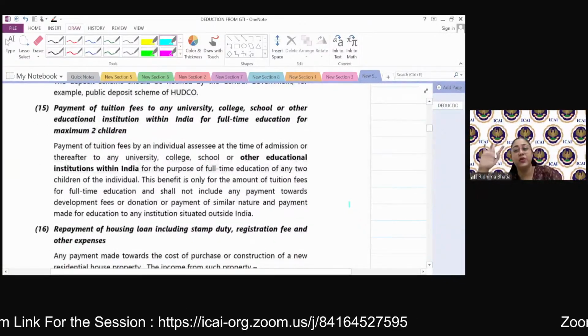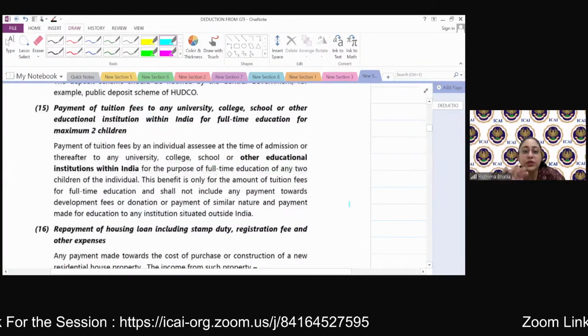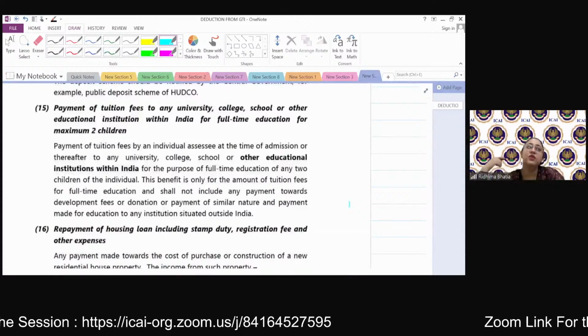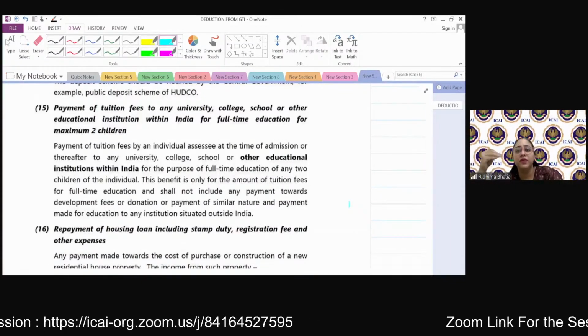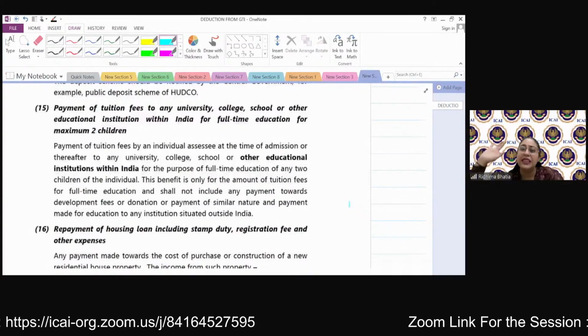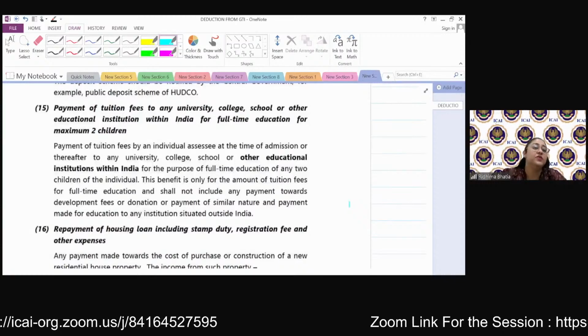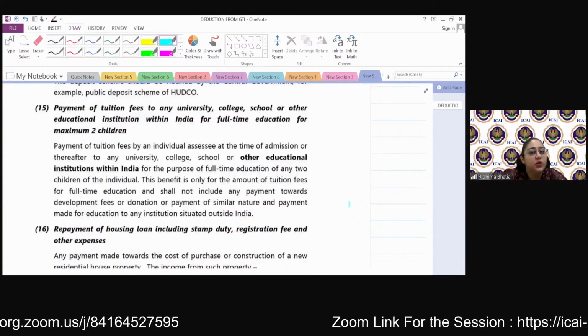Tuition fees. There is a children education allowance, which has nothing to do with this. Children education allowance is when your employer gives you a certain allowance for education. That is different. Now, this is tuition fees, not the tuition you go to after school.